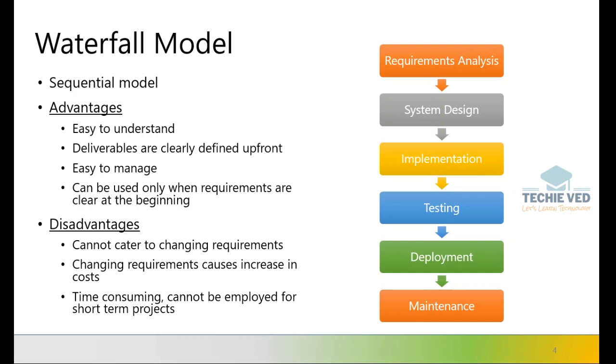The stage gate approach means you have a checkpoint at the end of every phase, which ensures these are met, and only then do you go to the next phase. This is beneficial when the requirements are clear at the beginning of the process, which allows you to go through all the steps.